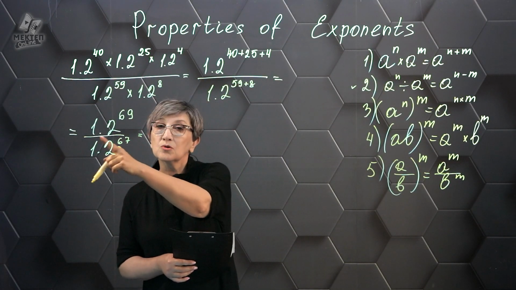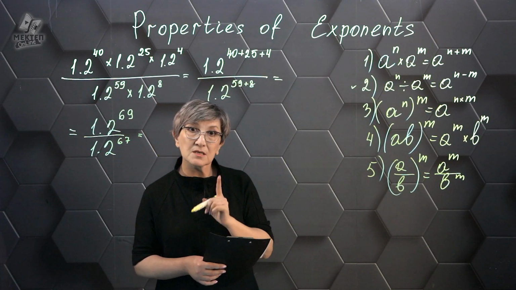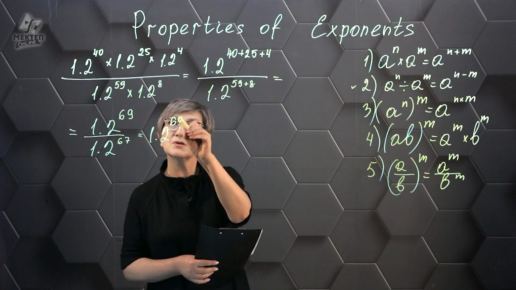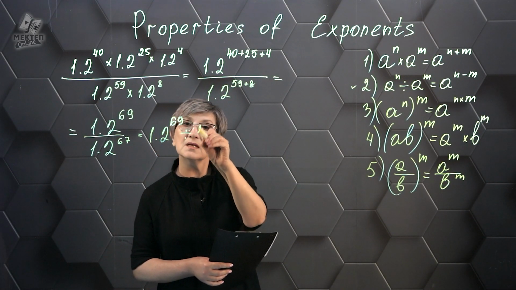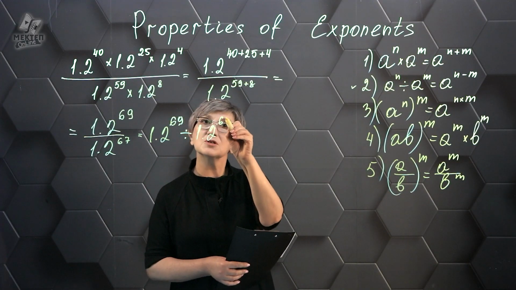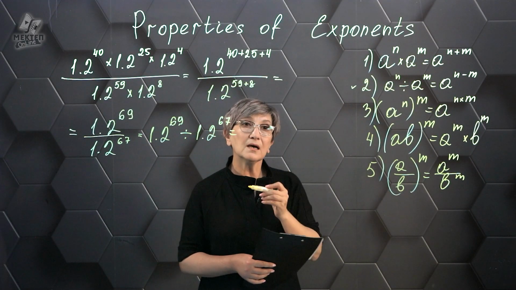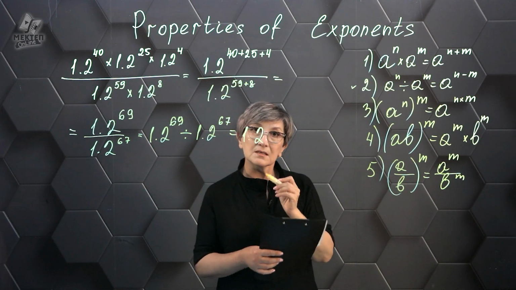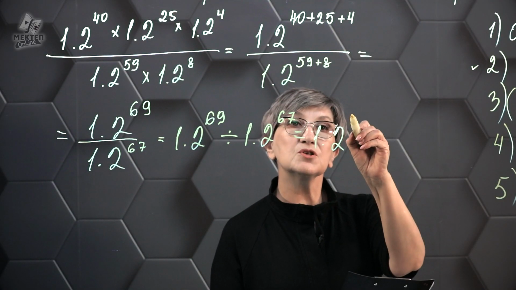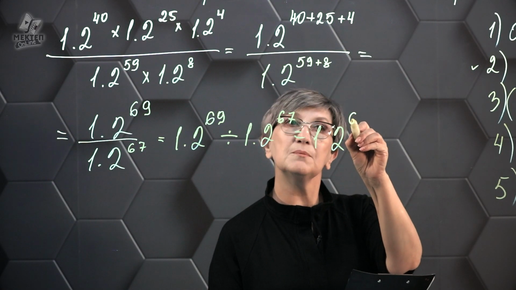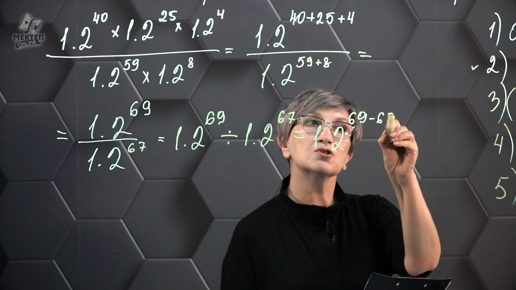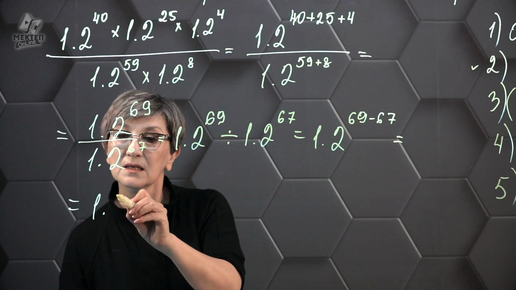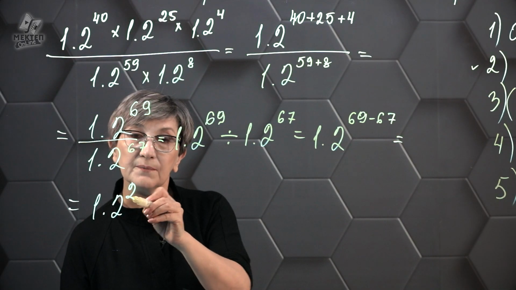But we know that the fraction bar is a division sign, so I can write 1.2 to the power of 69 divided by 1.2 to the power of 67. And then I apply the second property. To do this, I subtract the exponents and I get 1.2 to the power of 69 minus 67. In the answer, we get 1.2 to the power of 2.